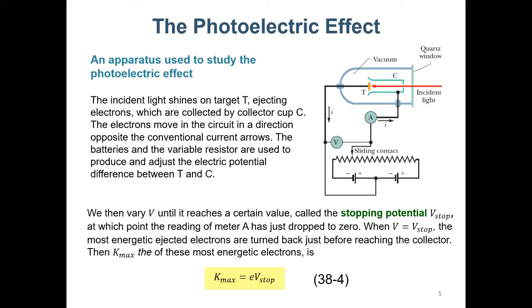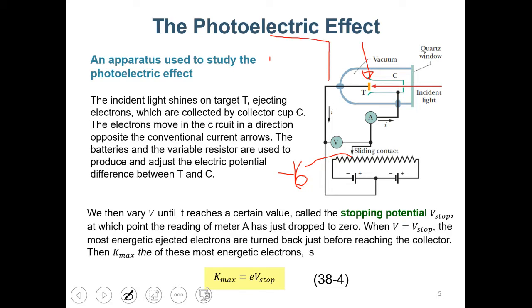Suppose we choose a voltage here, which is minus V0, which means that the voltage at this node at T will be lower than the right node, so that there will be an electric field between the T and the cup.